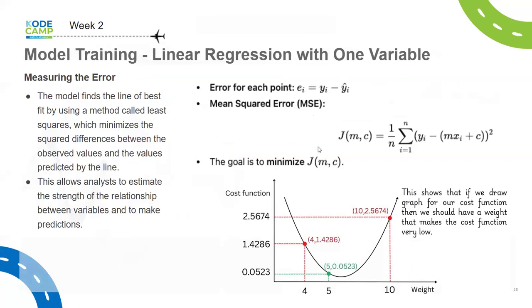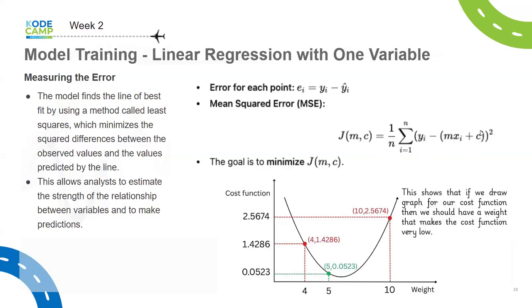Remember we said the error is the difference between the real value of y and the predicted value of y, which is y hat. So the error is yi minus y hat i. The mean square error, like I explained, is yi minus y hat i, where y hat i is now replaced with the linear model, mxi plus c.